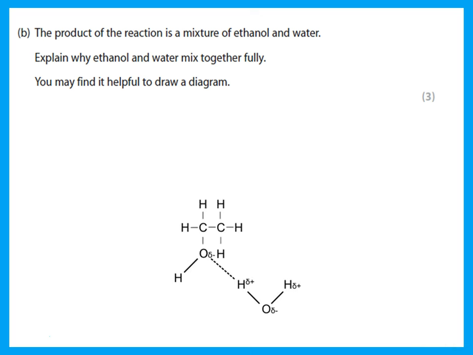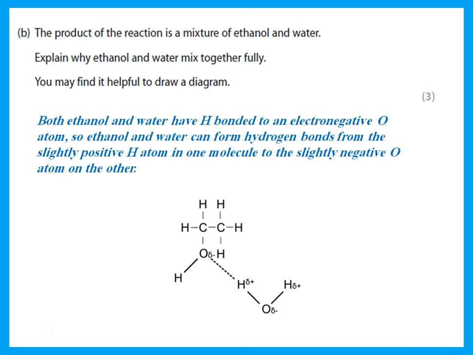Ethanol is something that can form hydrogen bond with water, and that is why it mixes with water. So ethanol and water have hydrogen bonded to an electronegative element, which is oxygen, and this allows it to form hydrogen bonding, and that means they will dissolve in each other, or they will be miscible.